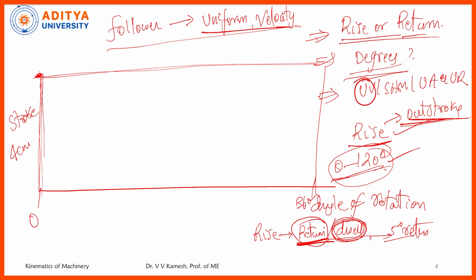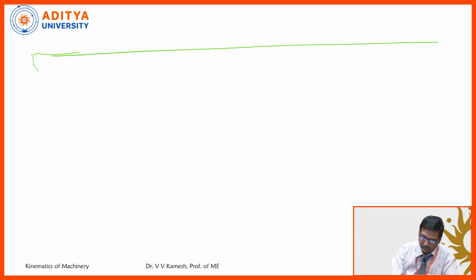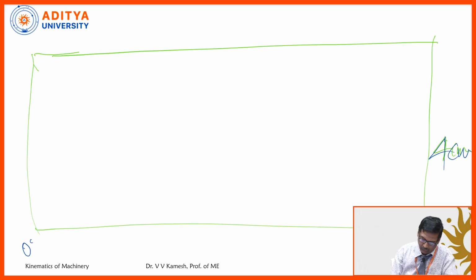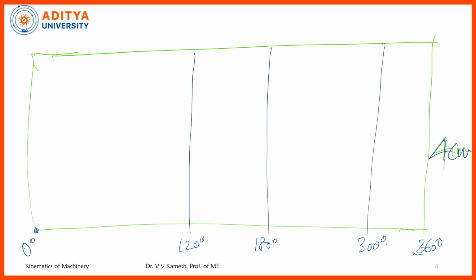In this rectangle, you divide the rectangle into the number of parts defined for your rise, dwell, return, like this. This is the rectangle with 360 degrees and 4 centimeters, from 0 degrees to 360 degrees. Suppose I have a rise part of 120 degrees, then some 60 degrees of dwell, and up to 300 degrees there will be a return, the remaining part is dwell.